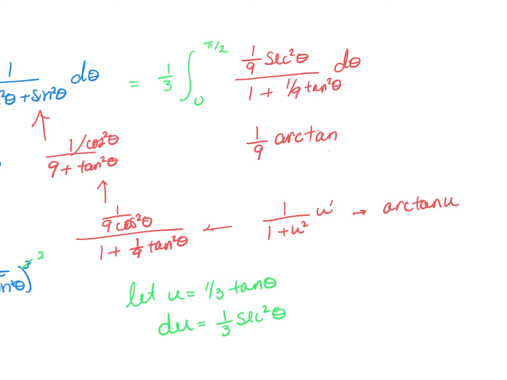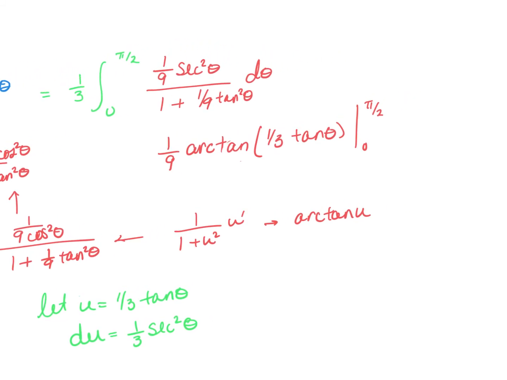So this is going to be the arctangent of 1/3 the tangent of theta evaluated between 0 and pi over 2. Now, the 1/3 isn't going to do much because, oh, and by the way, I need to write this as 1/3 and make this a 9 because I need 1/3 the secant squared, not 1/9. So that's 1/9. So this should be 1/9 there.